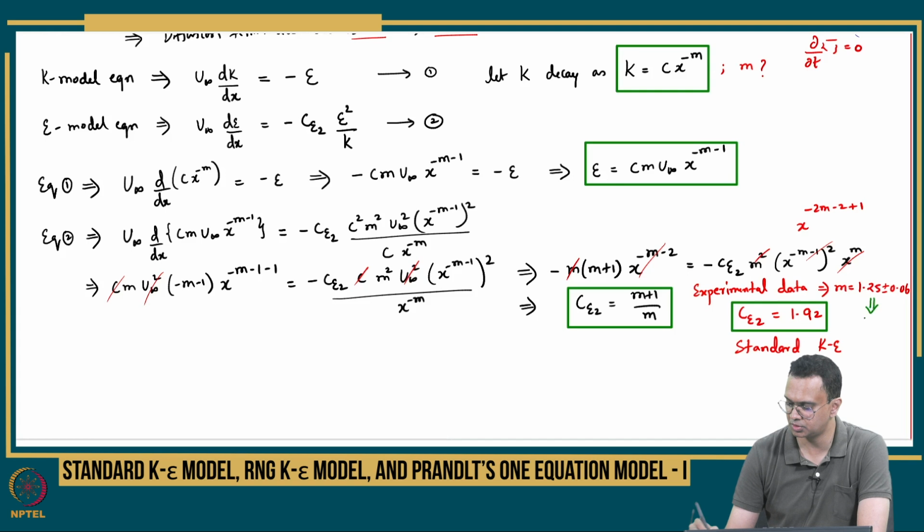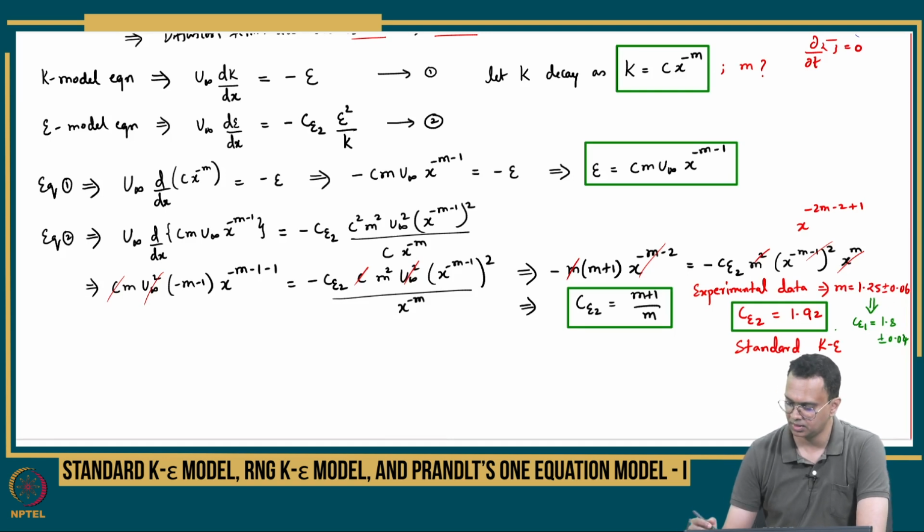If you substitute, the C epsilon 1 comes in a range, right? 1.8 plus or minus some value, 0.14 plus or minus 0.04, okay, plus or minus 0.4. This is what you get if you substitute.